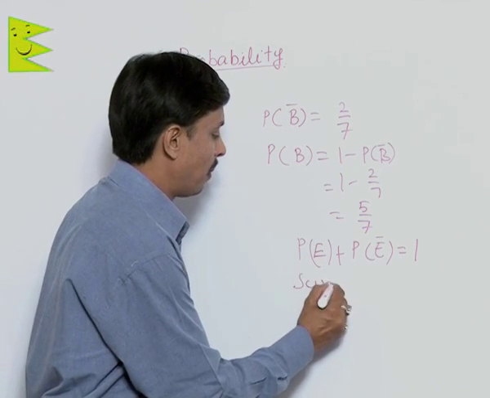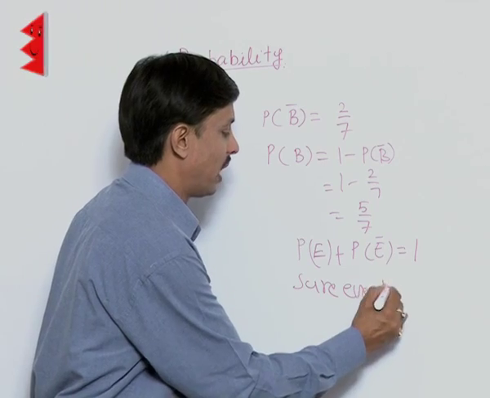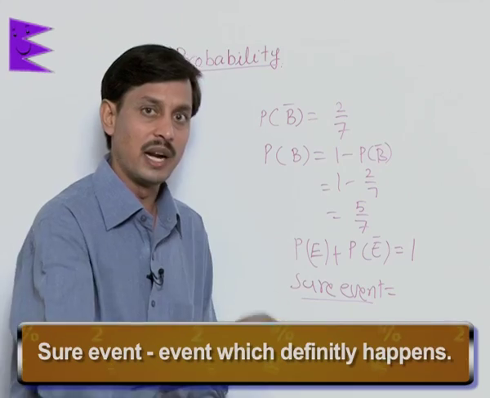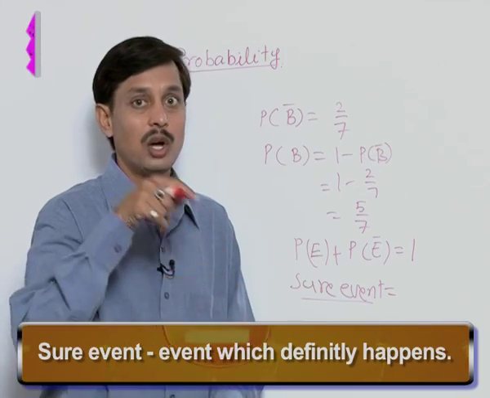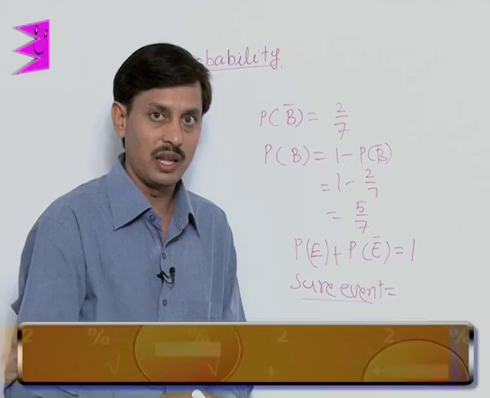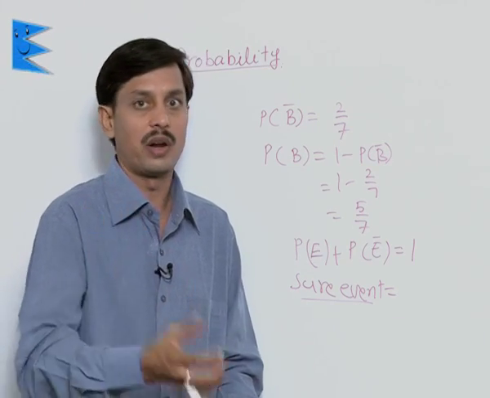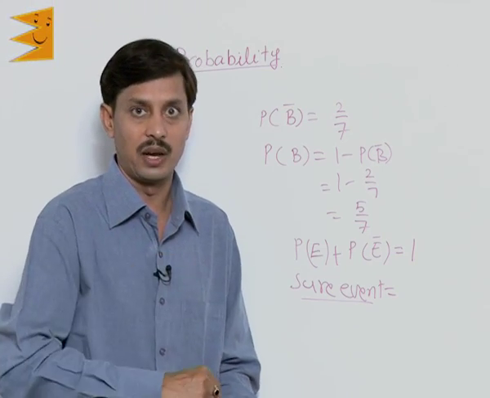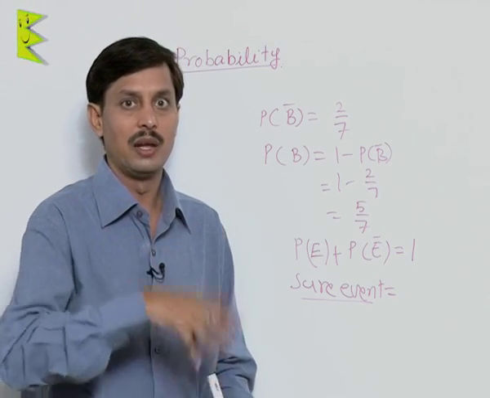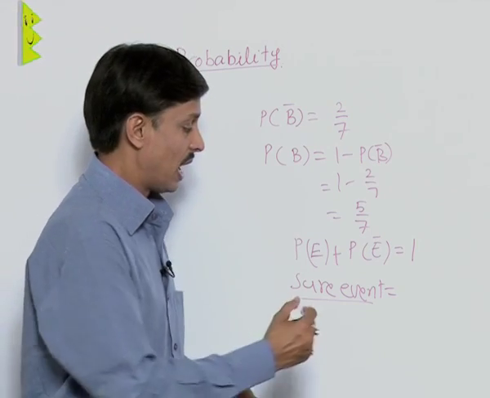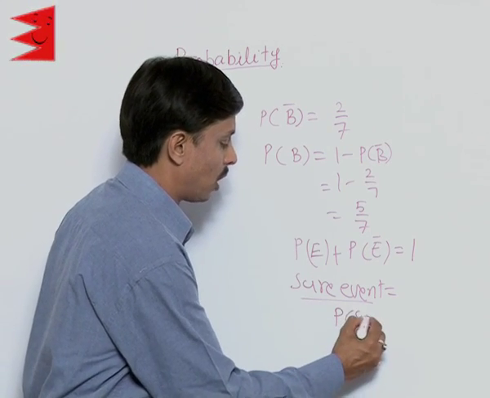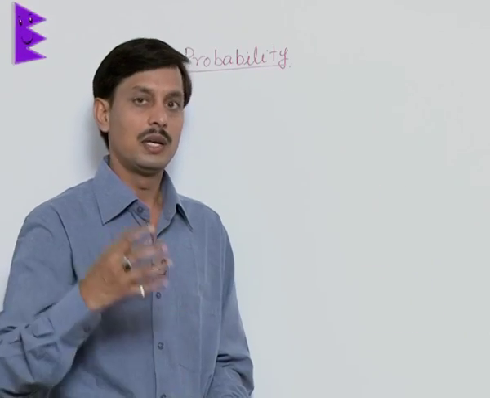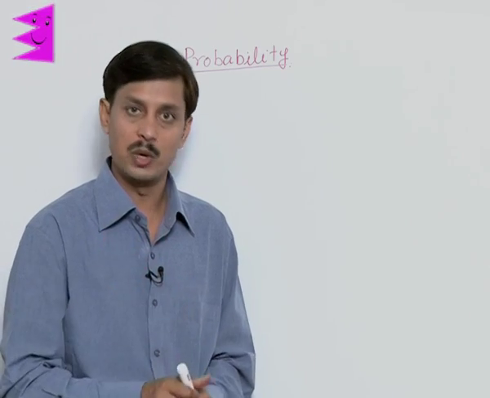And the probability of a sure event is 1. A sure event is that event which definitely happens. Definitely the ball will be of red color, that's why it is known as a sure event. And the probability of a sure event is 1.